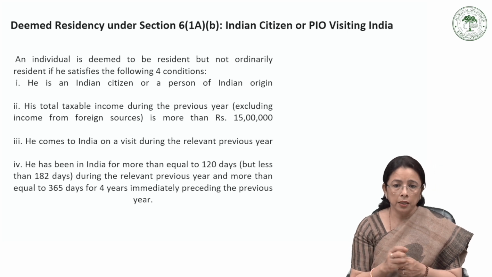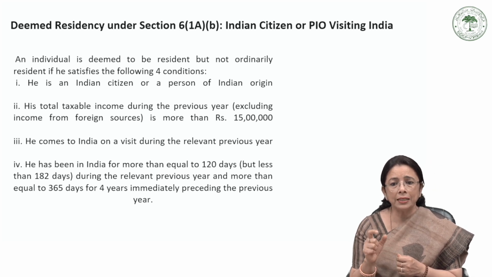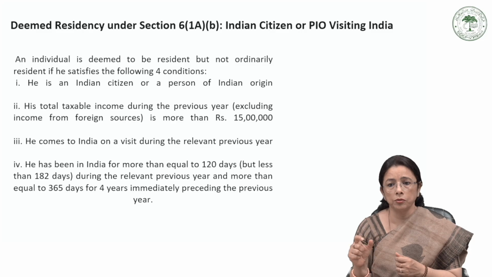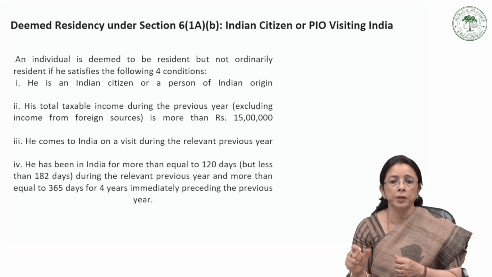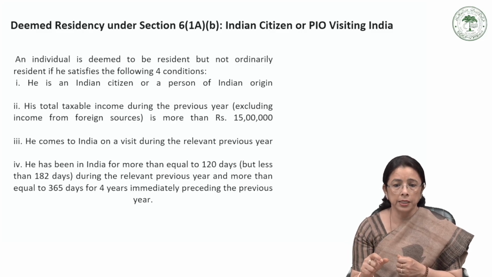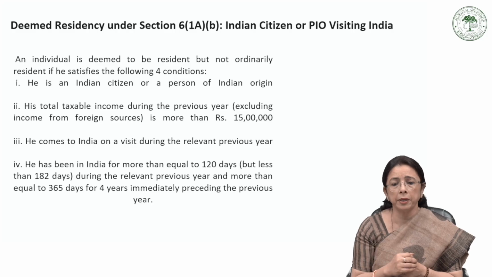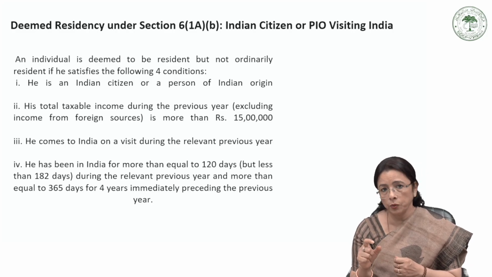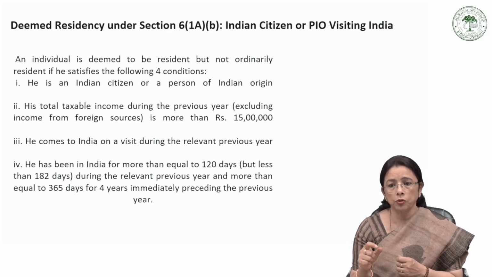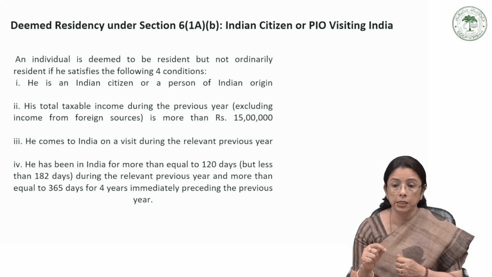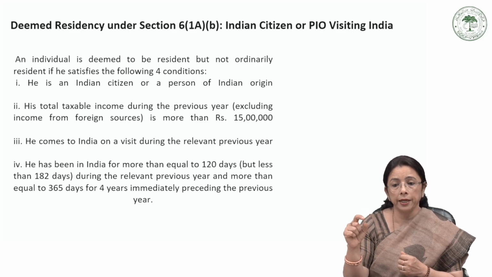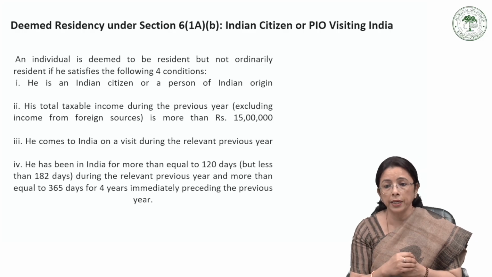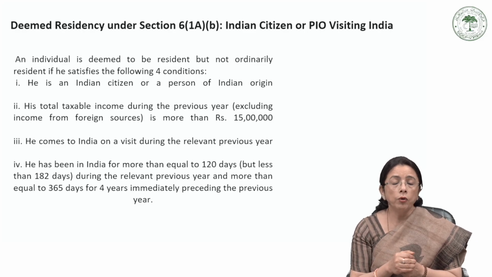Third, the 120 to 182 days rule: the number of days has to be within these limits. Previously, Indian citizens or PIO could stay up to 182 days without becoming a resident. But from the assessment year 2021-22, this threshold was reduced from 181 to 120 days for those earning over rupees 15 lakhs in India.